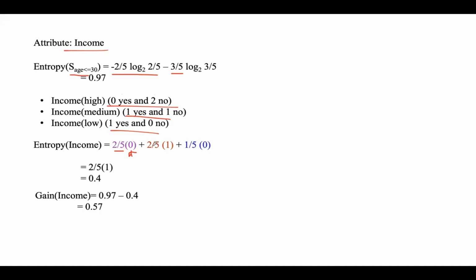So 1 plus 1, that is 2 by 5. And entropy, when both the values are equal, is 1. And income of low. Here we have 1 yes and 0 no. So 1 by 5. Entropy for this is again, as we are having only one category, 0. So we got information gain of income.